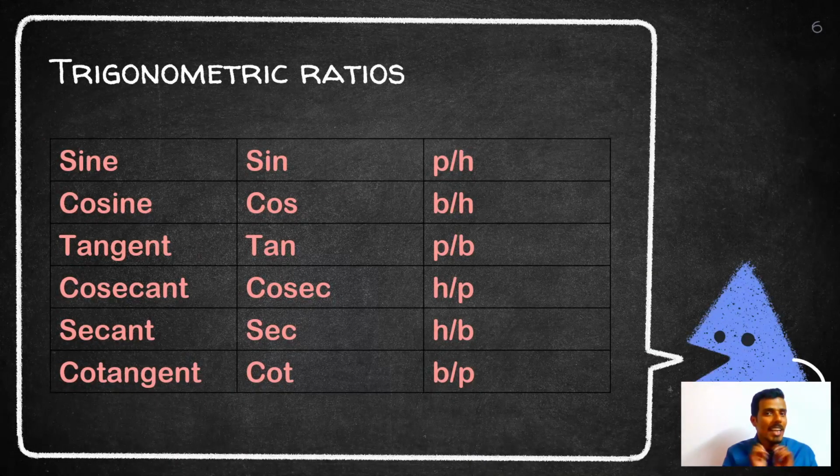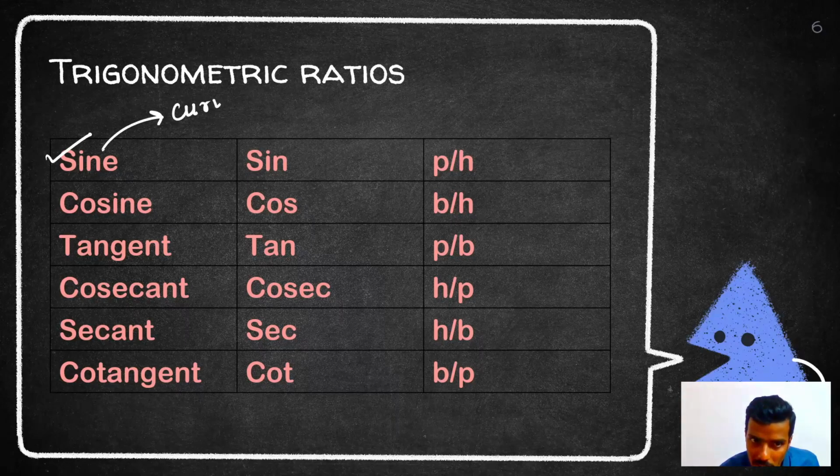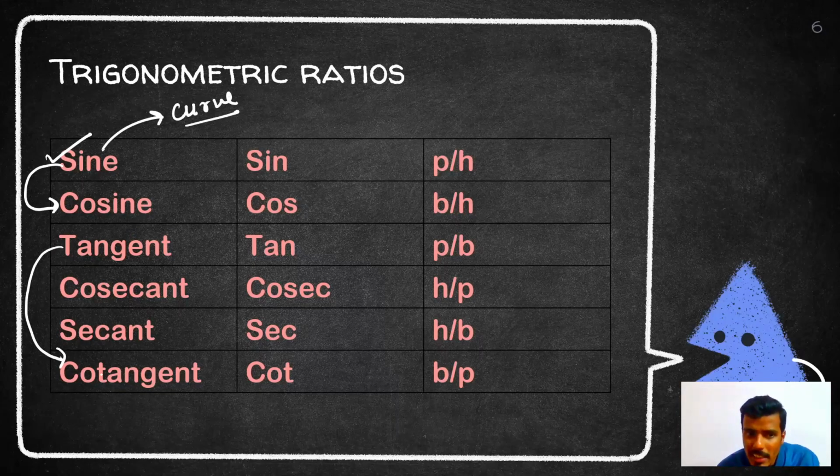Therefore, we generate 6 trigonometric ratios named sine, cosine, tangent, cotangent, secant and cosecant.